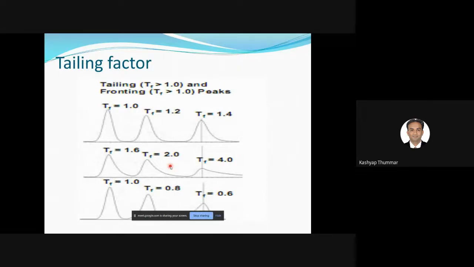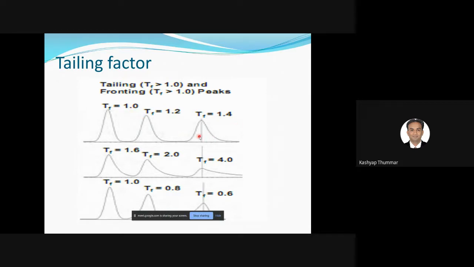Then I will again go back to the definitions. If the tailing factor is greater than 1, then the peak looks like this. Here the peak shape has TF equal to 1.2, and here TF is equal to 1.4.